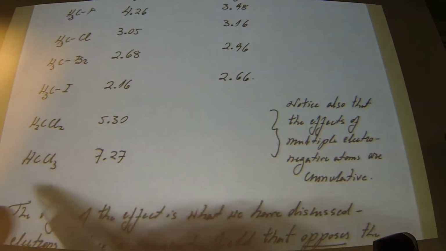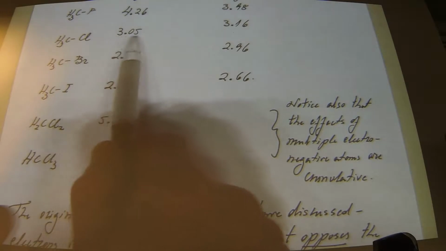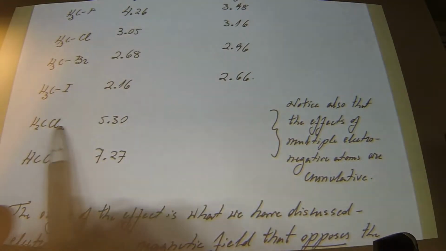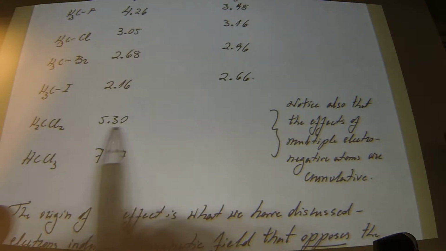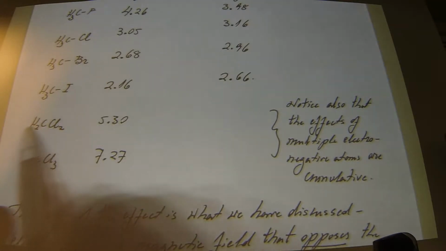The other thing I want you to notice is that the effects are additive. If I have one chlorine, the methyl shows up at 3.05. If I have two chlorines, 5.3. That's because I have two chlorines and not one, pulling electron density out of that carbon. Because they're pulling electron density out of that carbon, those electrons are not able to shield the CH2.